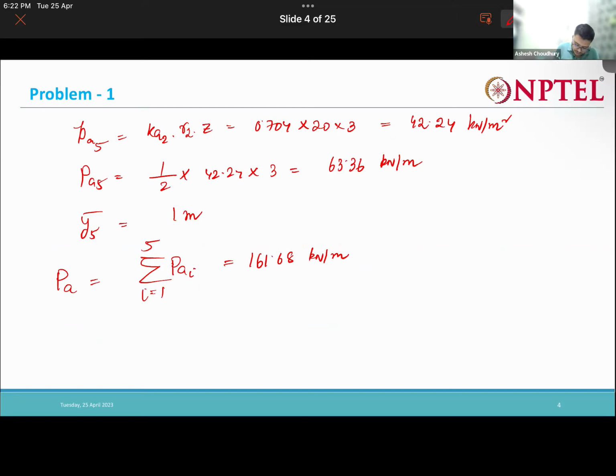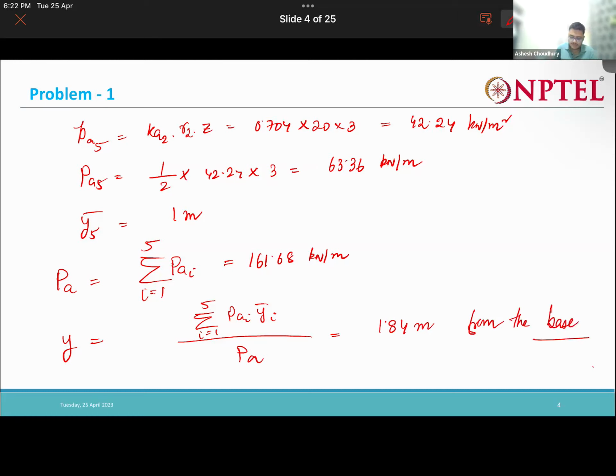And the line of action will be nothing but summation of i equal to 1 to 5, PAi into y i bar, divided by capital PA. This will give you 1.84 meter from the base. Okay. So we have the wall, and the resultant PA acts at a height of 1.84 meter from the base. Correct? So done. So we have solved this problem.